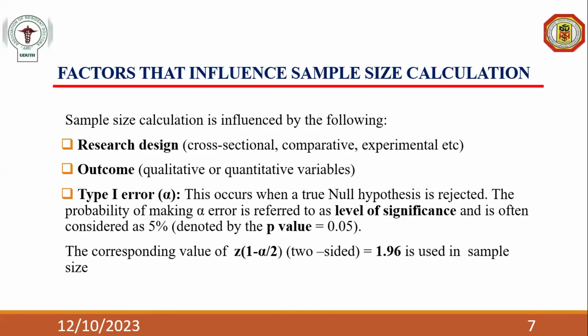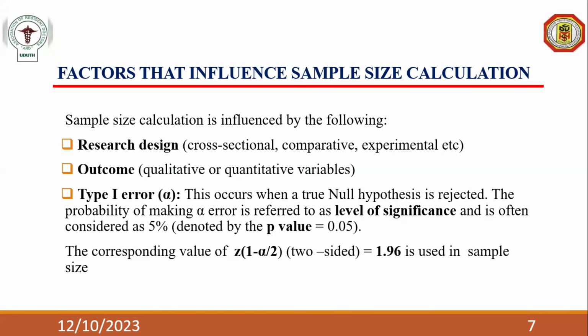So when you are using a p-value of 0.05, that is 5% level of significance, then your z will be equal to 1.96. The z in the formula will be equal to 1.96. You have been seeing z in all the formulas for sample size calculation. So this z is dependent on the level of significance.